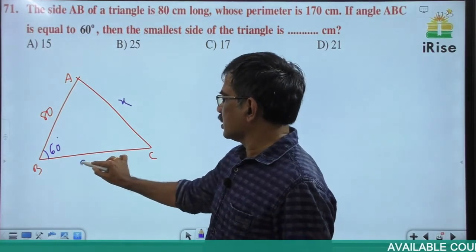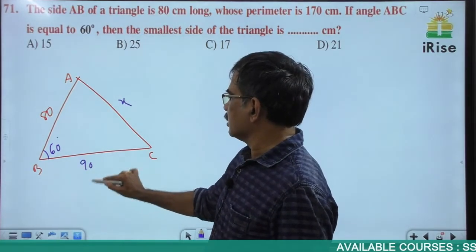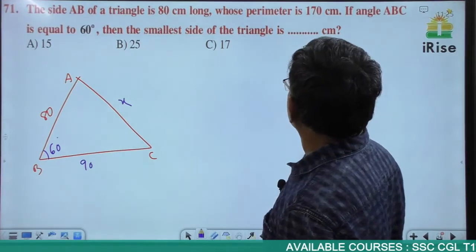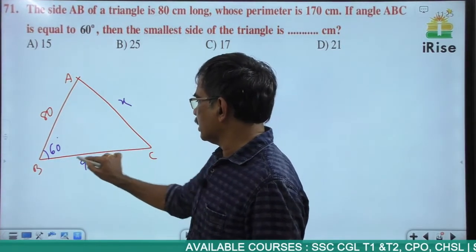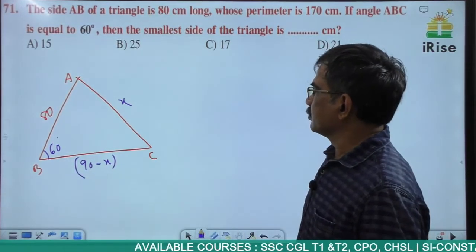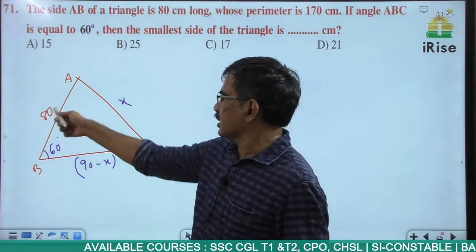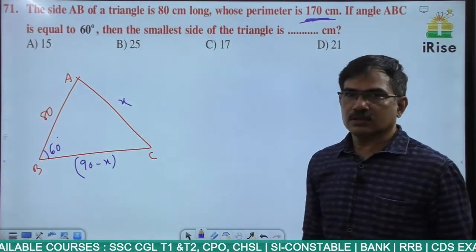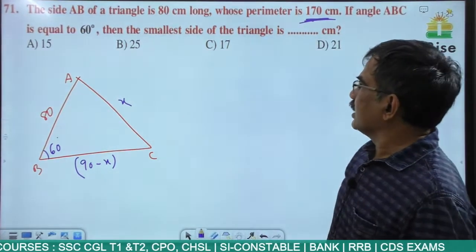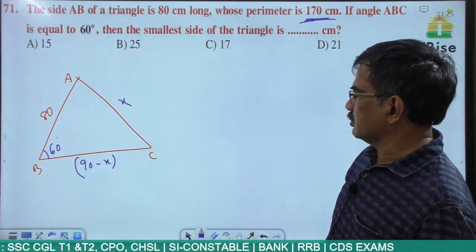The perimeter is totally 170, already this is 80, so this is nothing but 90 minus x. Okay, the sum of these three is equal to 170 centimeters. Then again apply the condition.